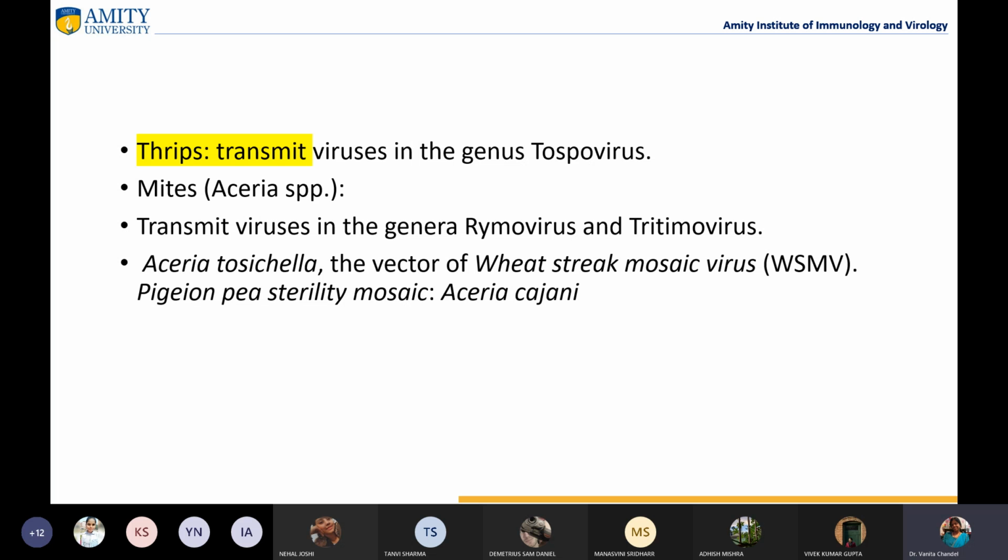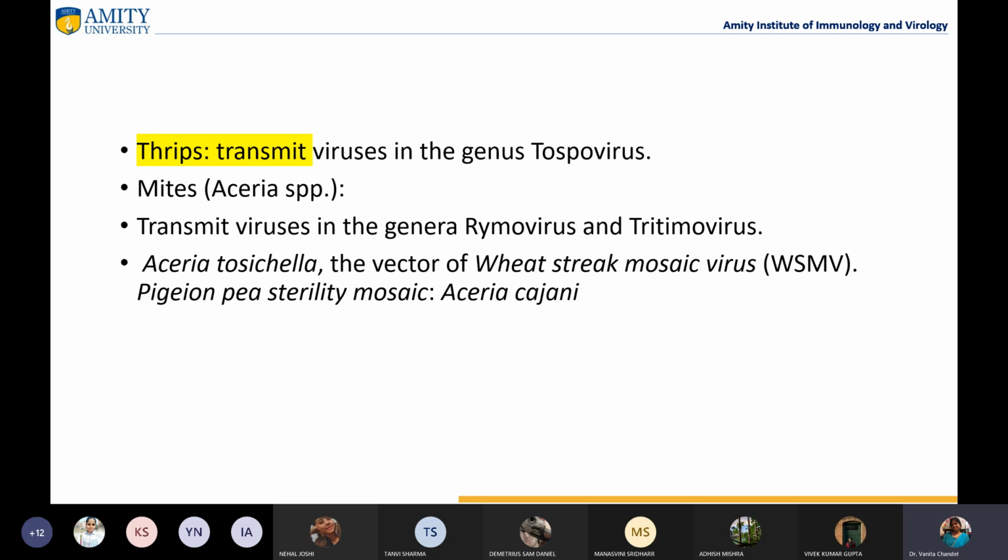If they are adapting themselves to different temperatures or climates and going to places where they were not found earlier, it is a negative sign for the growers, because they will come with a baggage of viruses or pathogens which they can transmit. So these things have a negative impact especially for the growers, right? Thrips also transmit viruses in different groups, such as tospoviruses and wheat streak mosaic virus.